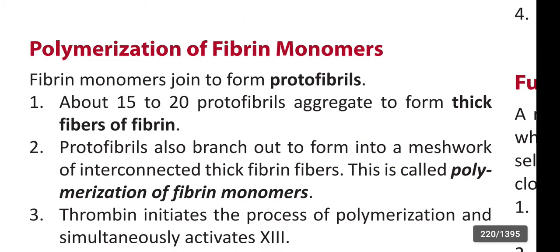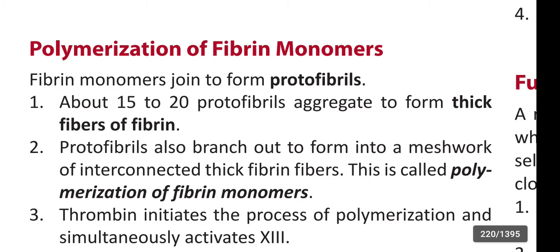The second step in conversion of fibrinogen to fibrin is polymerization of fibrin monomers. Fibrin monomers join to form protofibrils. About 15 to 20 protofibrils aggregate to form thick fibers of fibrin.